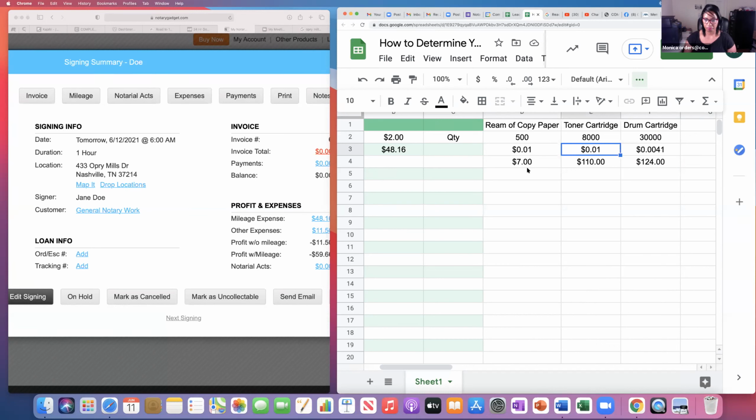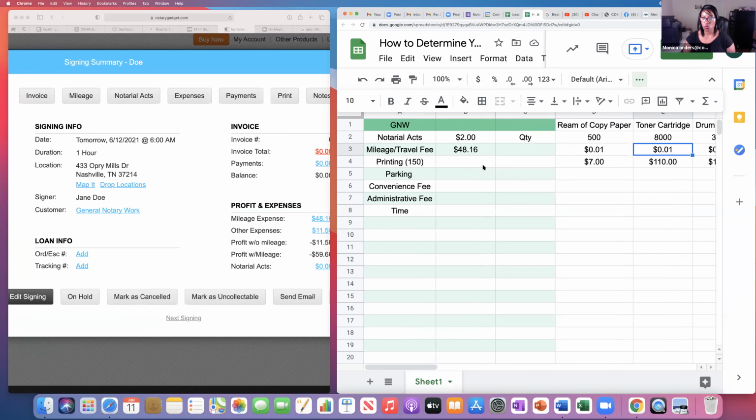Anyone? No, that's not correct. How about 2 cents? So we've got 1 penny for the piece of paper itself, and then another penny for the toner portion, and then not even a whole penny for the drum portion. So you can safely associate 3 cents for every page that you print with an expense.